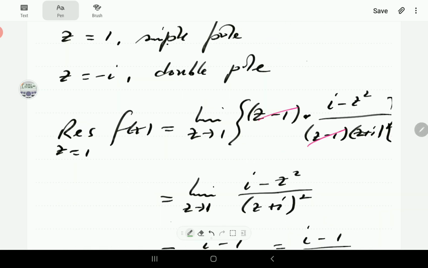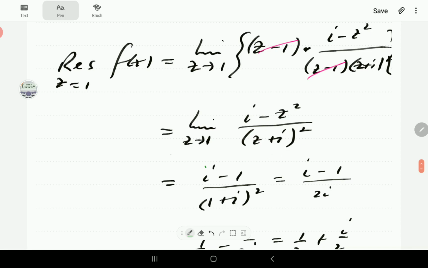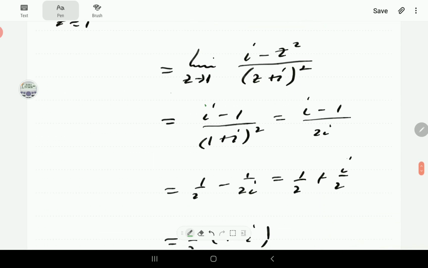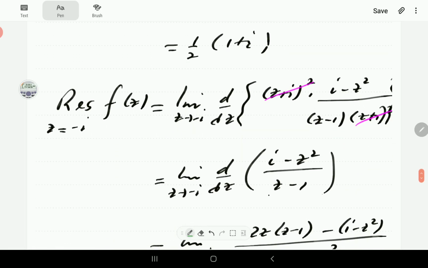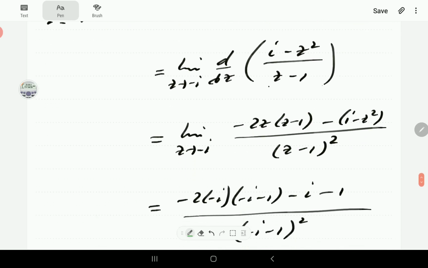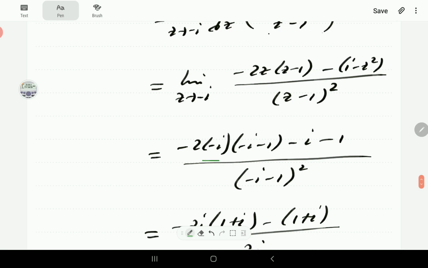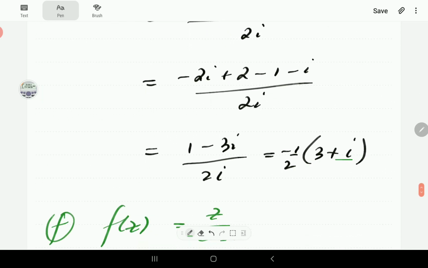So the z minus 1 is going to cancel out, and then we just plug in 1 here. So it's going to be i minus 1. 1 plus i squared is just 2i, which simplifies to that. And then negative i is a double root. So again, we go through this, then we differentiate this using the quotient rule. Then we plug in negative i, just a few steps of algebra, and it works out to that.